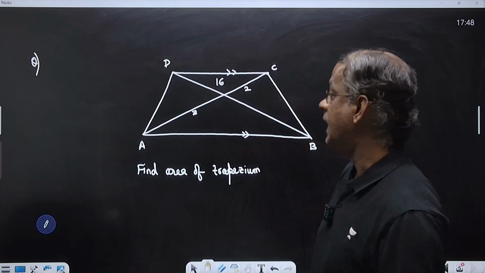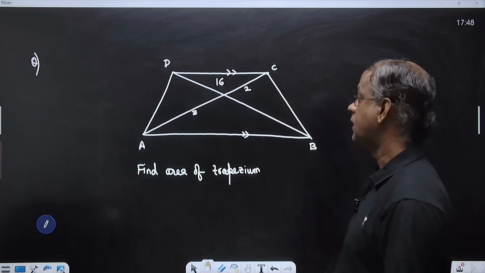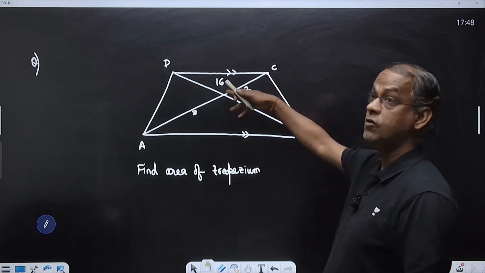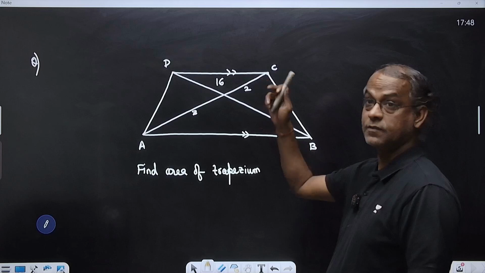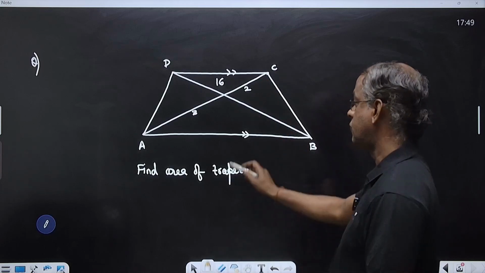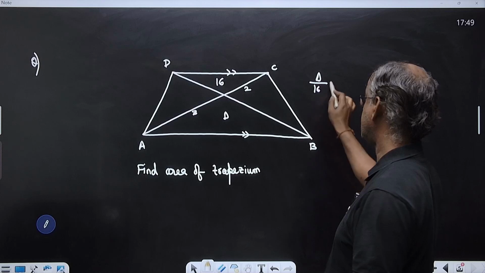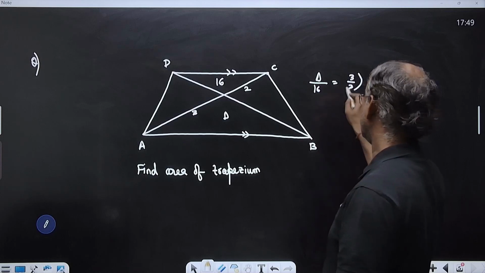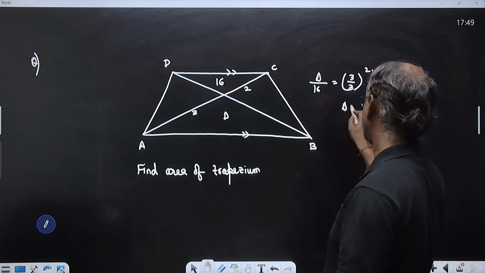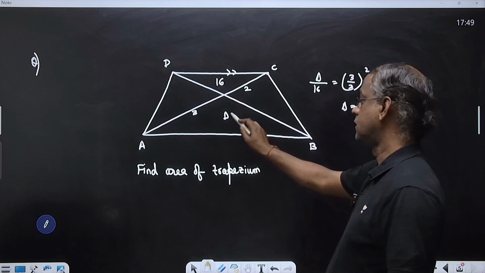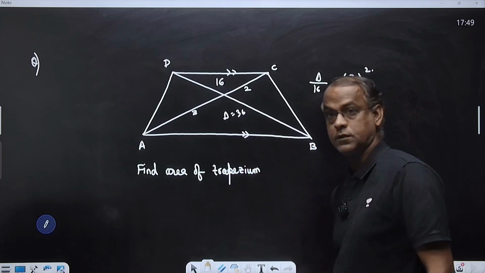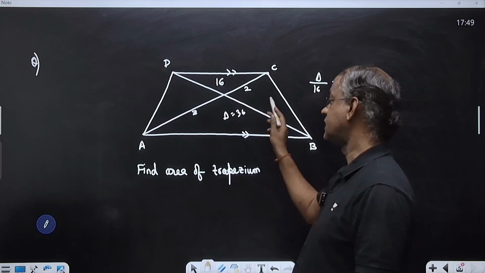So we can very easily understand how these ratios are going to be. This area is going to be in the squares of ratios of sides because the triangles are similar. So if this is delta, delta upon 16 is 9 by 4, so delta is 36. This is 36. And what is this area we have read?